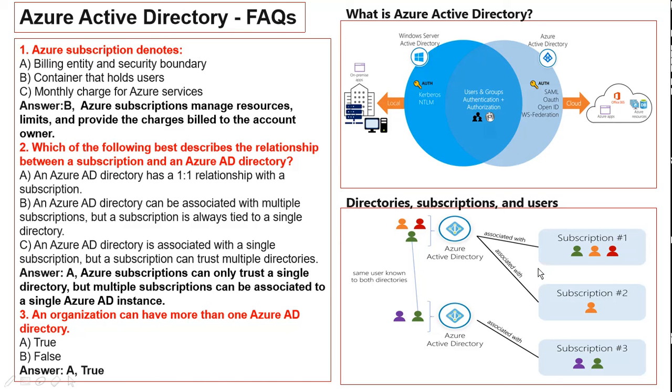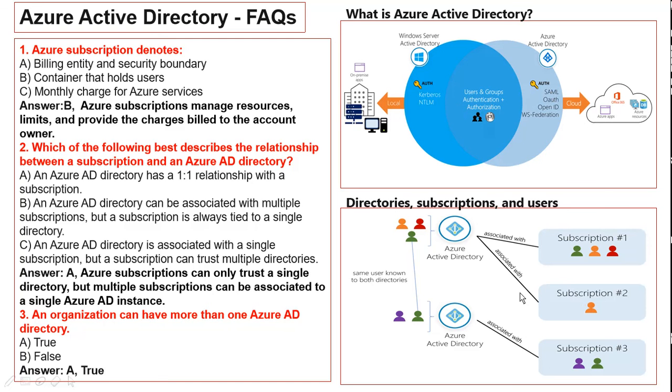So one Active Directory user is able to subscribe to one or more services. This is the AD instance, and it is connected to Azure Active Directory through different subscriptions.